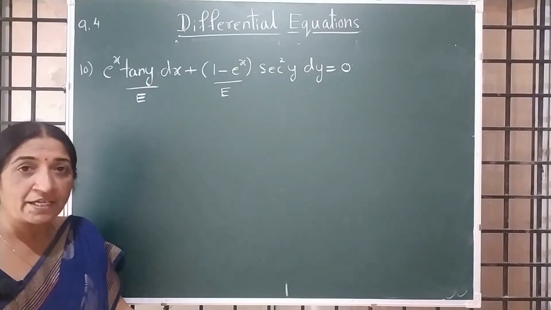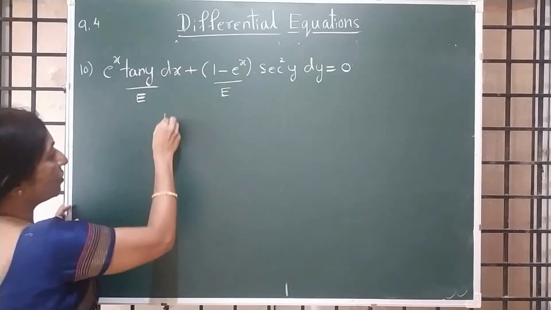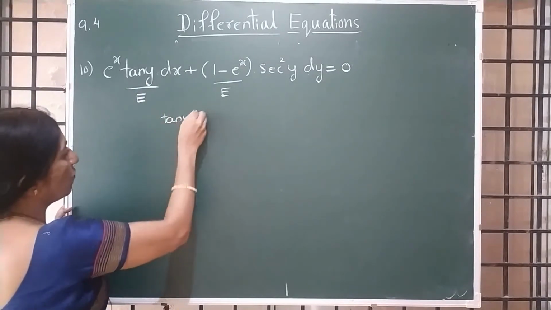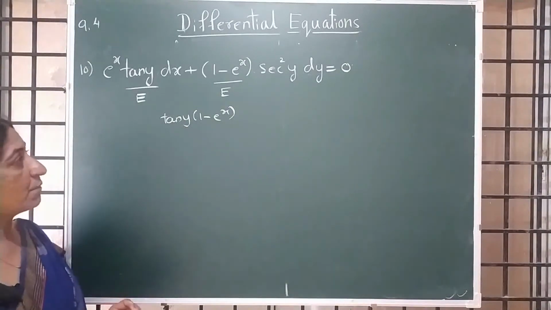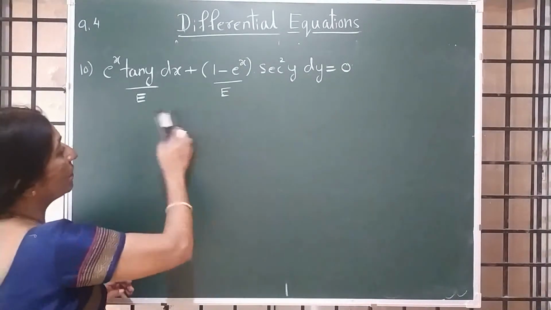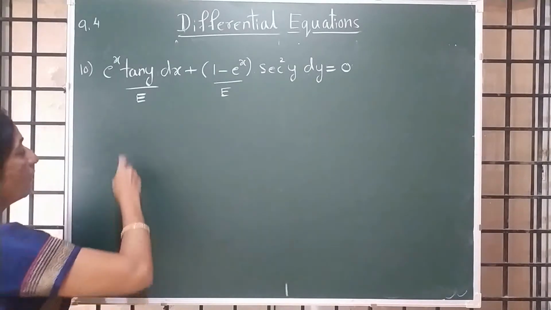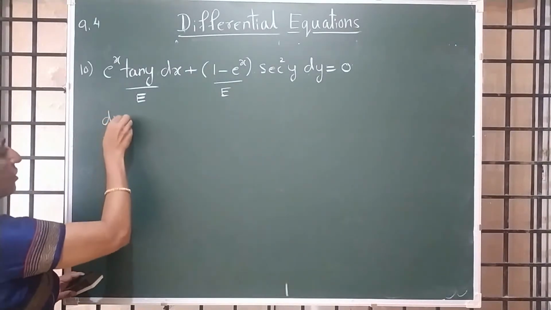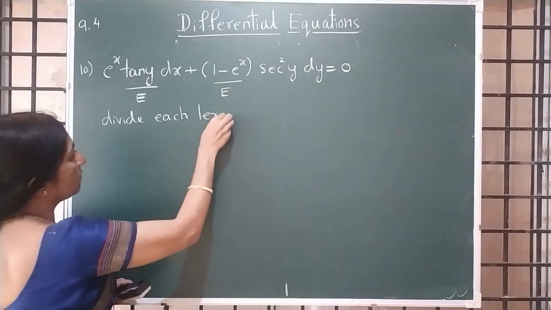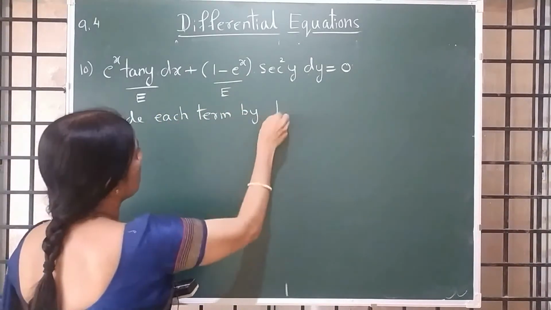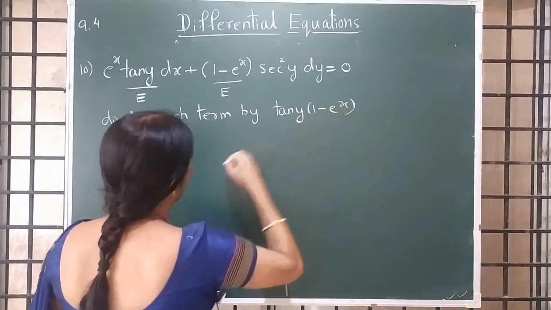After marking the extra terms, just multiply them. What is the multiplication? Tan y into 1 minus e raised to x. That helps you write the next step. This is for your information, so write it in pencil. After that, divide each term by tan y into the bracket 1 minus e to the power x.